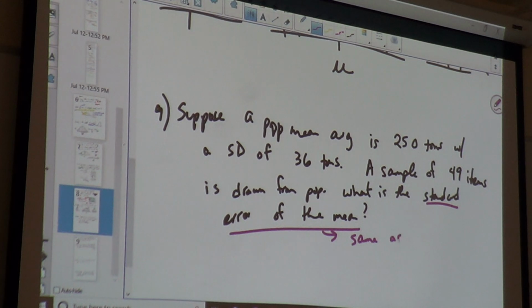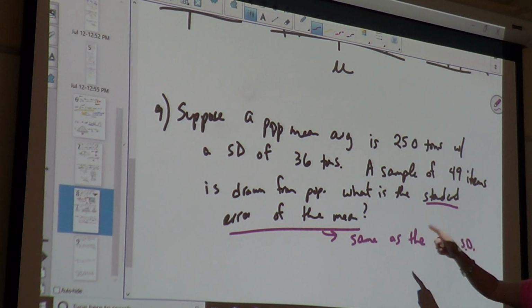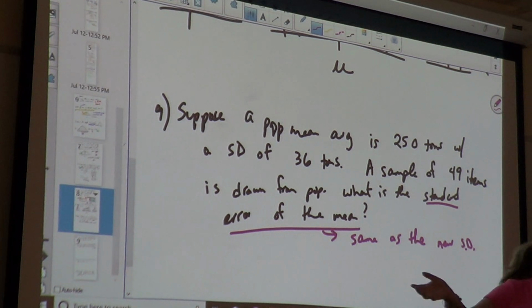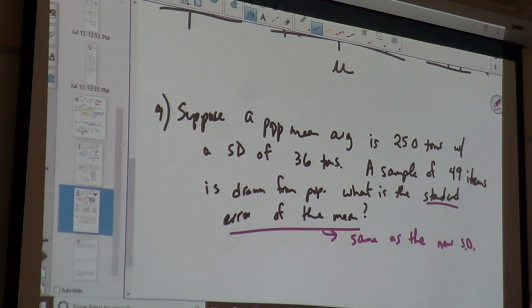It's the same as the new standard deviation. So when they ask for the standard error of the mean, they are saying, what is the new standard deviation?